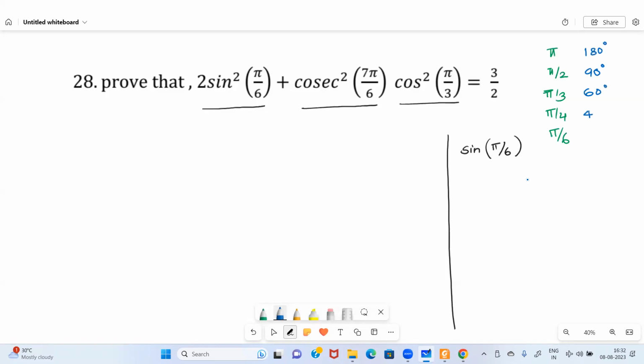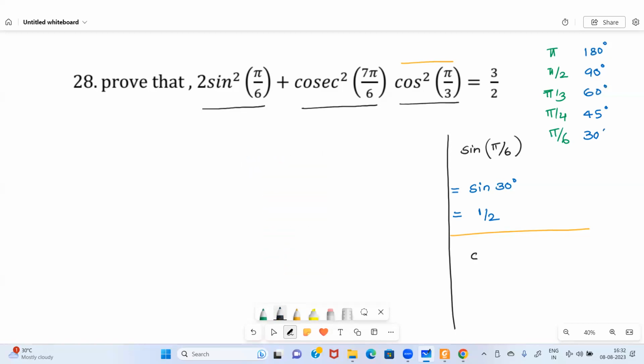Pi by 4 radians? 45 degrees. Pi by 6 radians? 30 degrees. Right? So sine pi by 6 is a piece of cake, very simple for you guys, because pi by 6 is nothing but 30 degrees. Sine 30, you know from the table very well, right from 10th standard. It is what? 1 by 2. Clear? Okay. Similarly, if you look at the third part, it has cos pi by 3, correct?